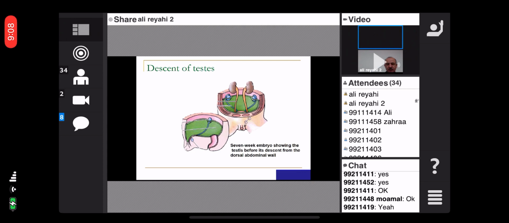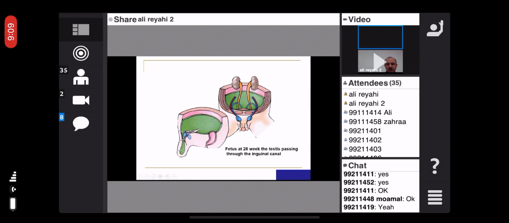In the man, the testis must exit from the body, because spermatogenesis, the formation of sperms, occurs at a temperature lower than body temperature. So it's held in a scrotum.